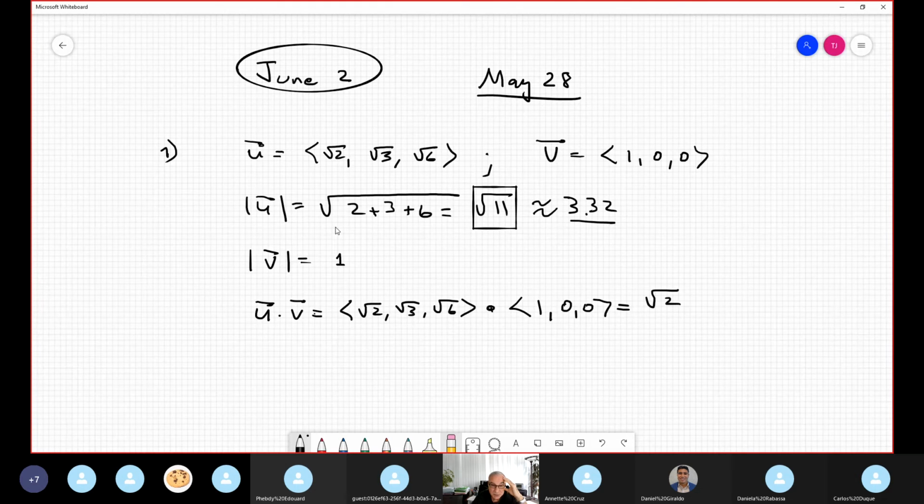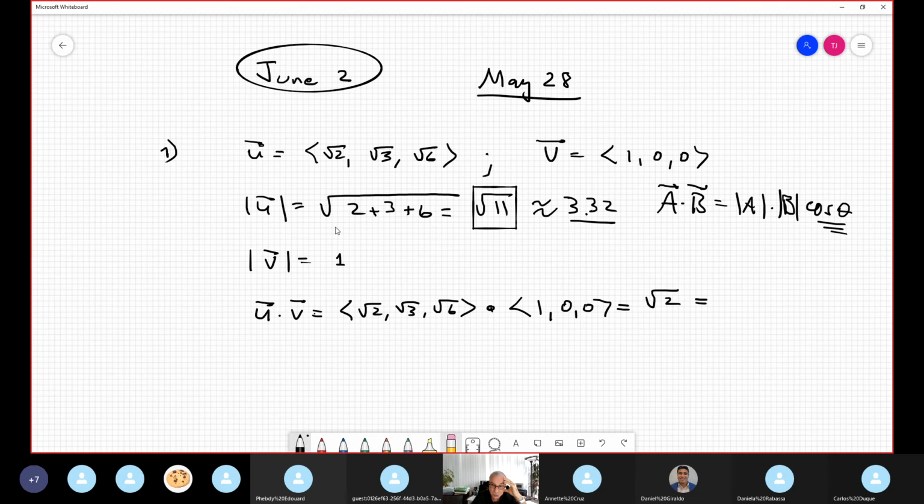But this answer is equal to the other formula that you know: A dot B equals magnitude of A times magnitude of B times cosine theta. And my goal is to find cosine theta.